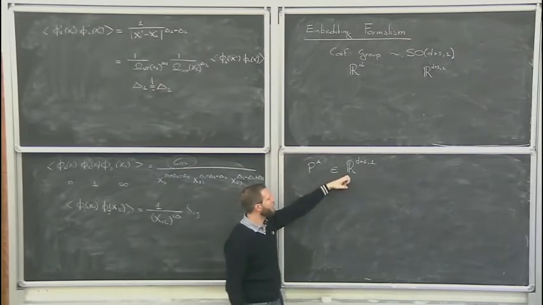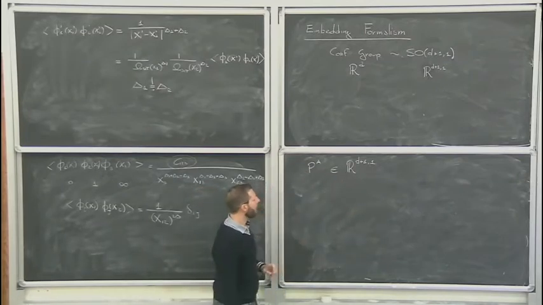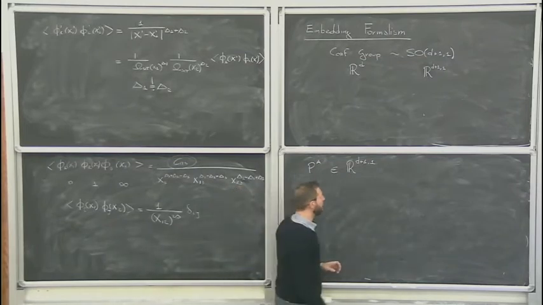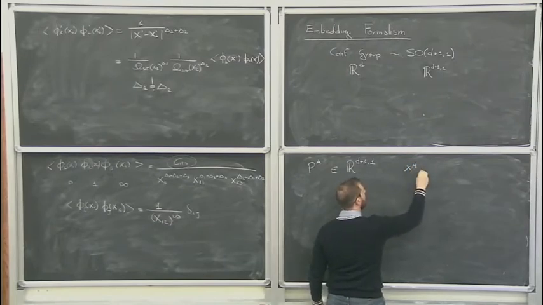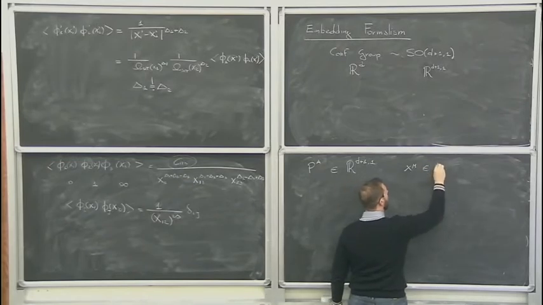There's a point in this space, and x^mu is a point inside my original Euclidean space.